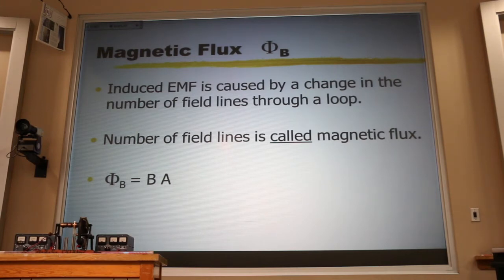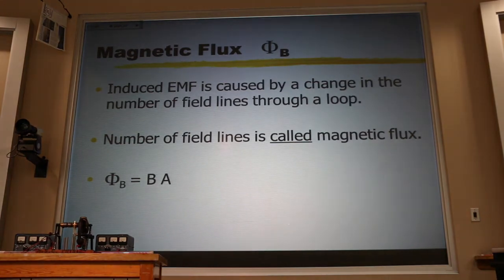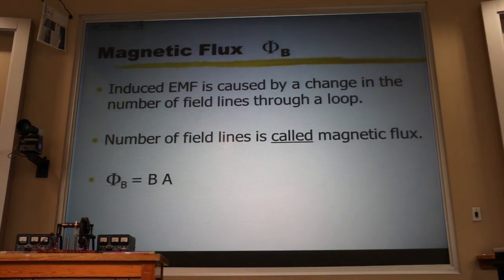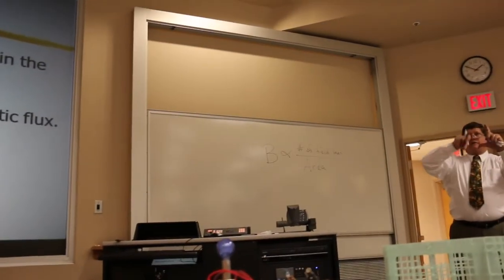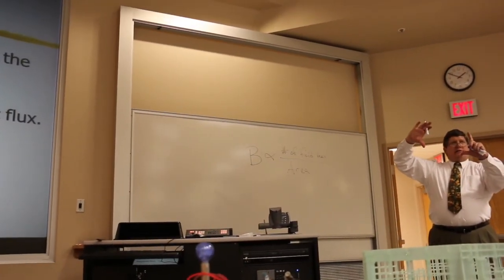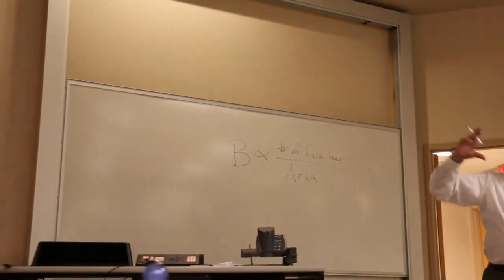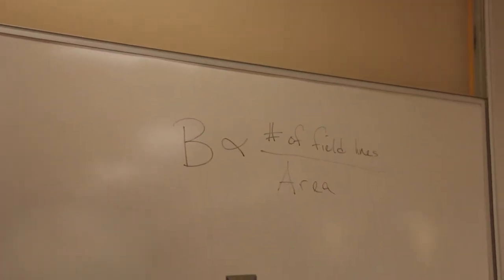So that means that the magnetic field strength was proportional to the number of field lines that fit through a perpendicular area. If I had some area, let's say it was a circle like this, the more field lines I could fit through that area, the closer they would be together and the stronger the magnetic field.